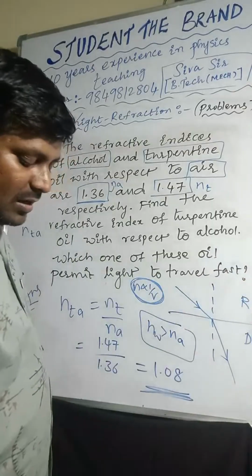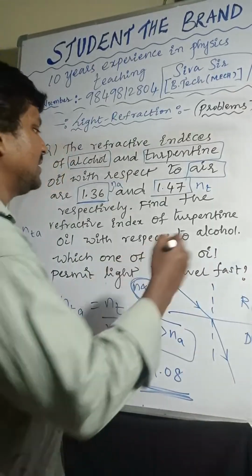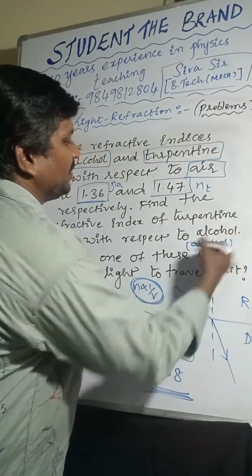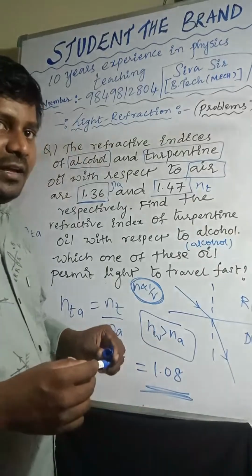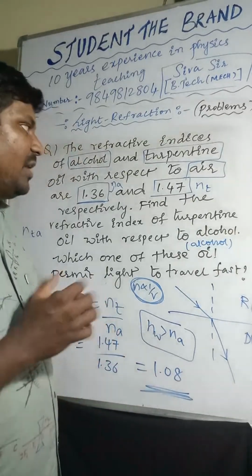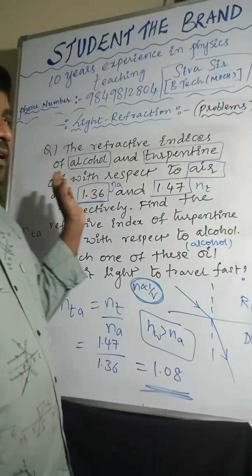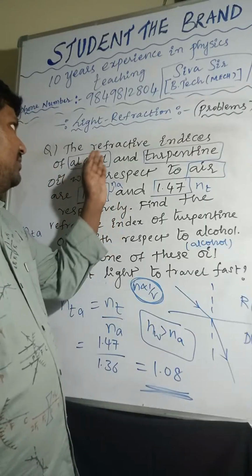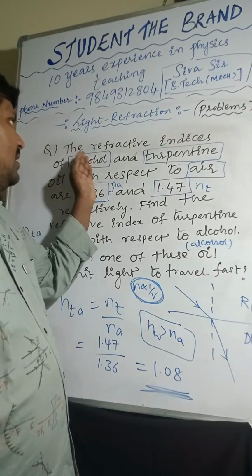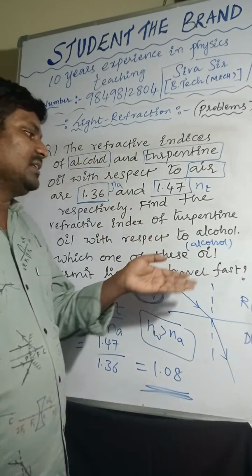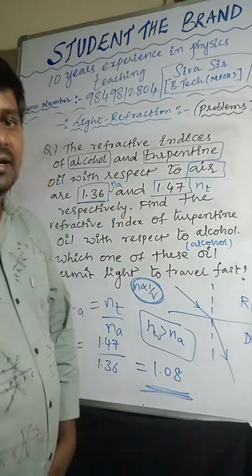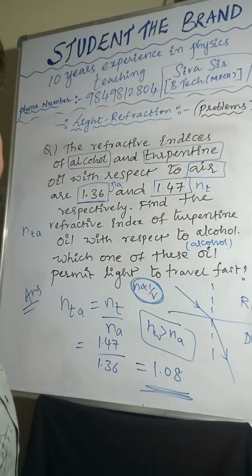In alcohol the speed of light is more, because the refractive index of alcohol is less. That is the reason speed will be more. So in alcohol, the speed of light is more compared to turpentine oil. You have to write the answer in this format.